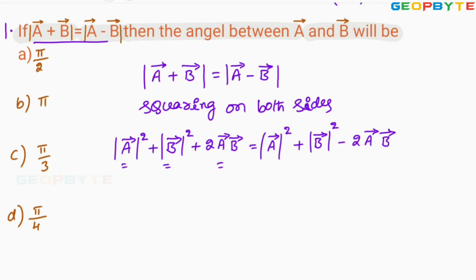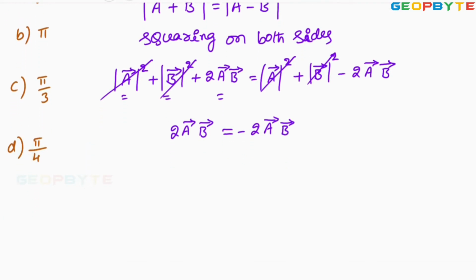You simplify this value. This term is cancelled, this term is also cancelled. Finally, 2 into vector A into vector B is equal to minus 2 into vector A into vector B. Simple school level mathematics: 4 into vector A into vector B is equal to 0, or vector A into vector B is equal to 0.